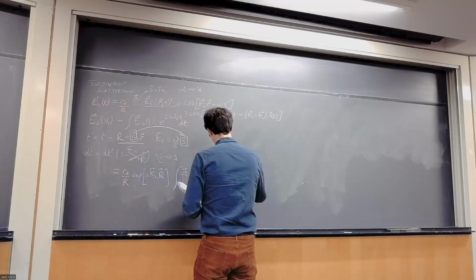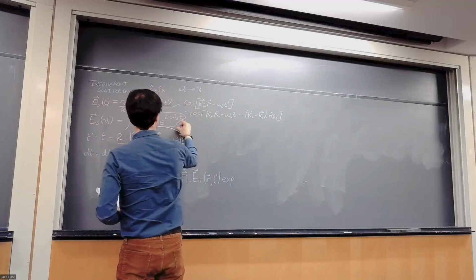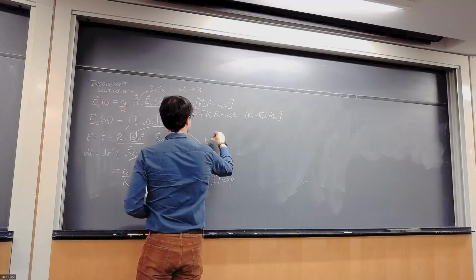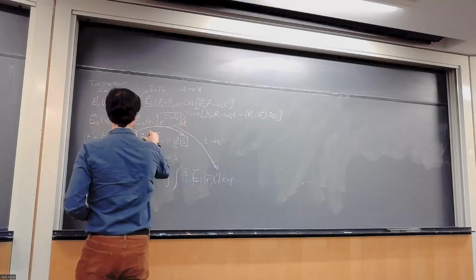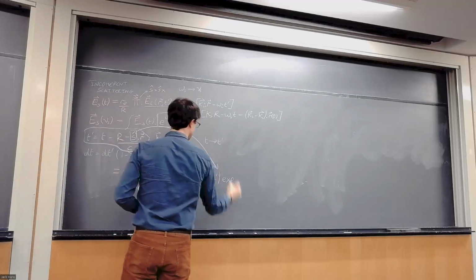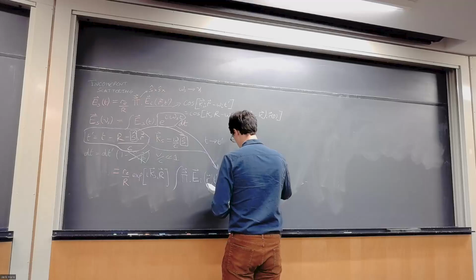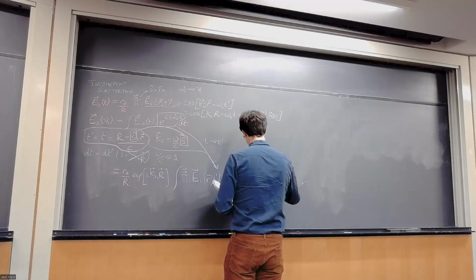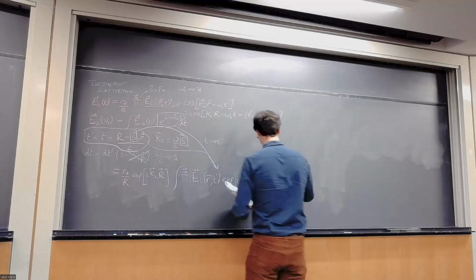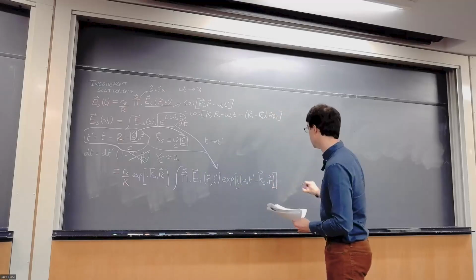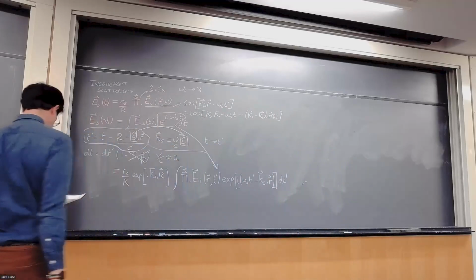And all of this is multiplied by the Fourier transform factor, but now I've taken t and replaced it with t prime using this equation. So this exponential now has a term which looks like I omega s t prime minus ks dot r. And this Fourier transform is now in terms of dt prime instead of dt.